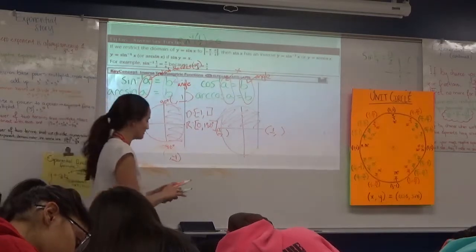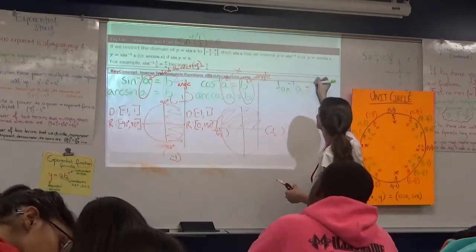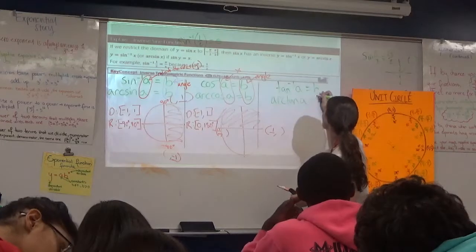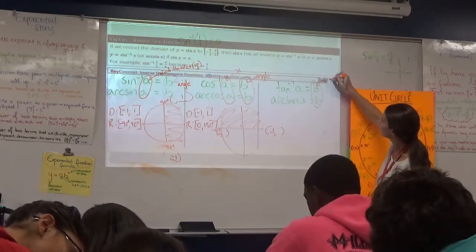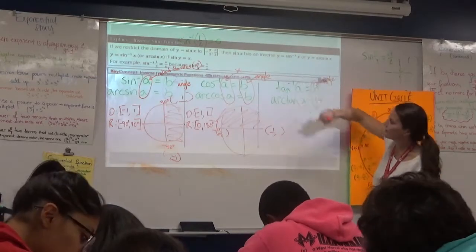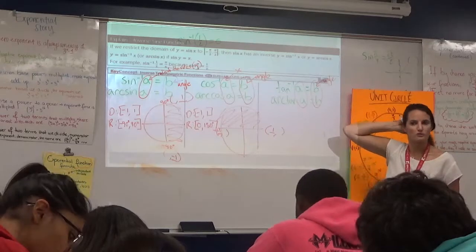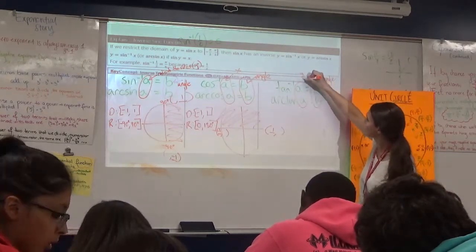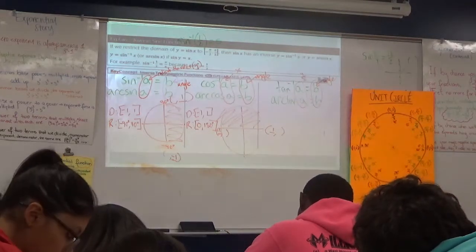Last one, tangent. Inverse tan of A equals B. You can catch on by now. Arctan of A equals B, where B is our angle. And A is going to be the ratio of sides, which this one looks more like a fraction. What do we do for tangent? Y over x. So it's a ratio of y, the opposite side, over x, the adjacent side.